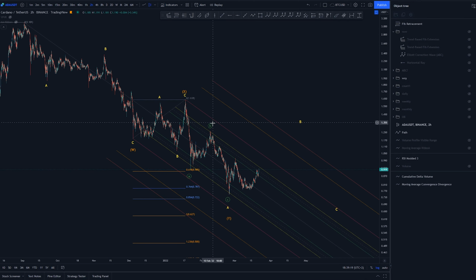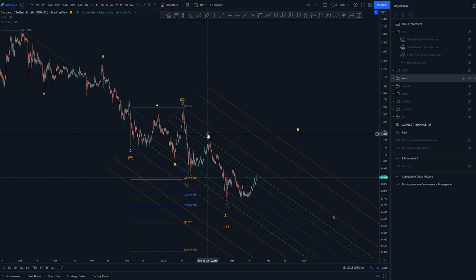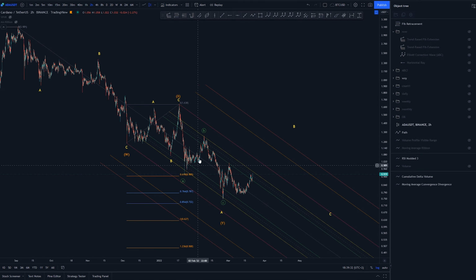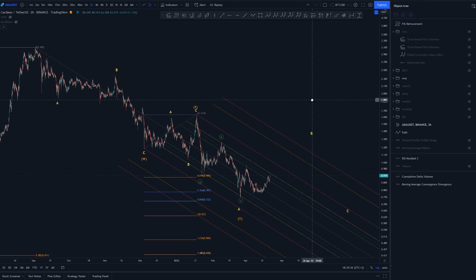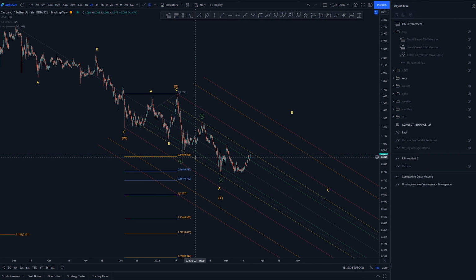Now this looks like a wave structure, a probable wave structure, but is it a minor or minute degree? It looks just a bit, maybe not as deep as I'd like it to be, but we've already come down all the way or past the 1618. We are around this 854.